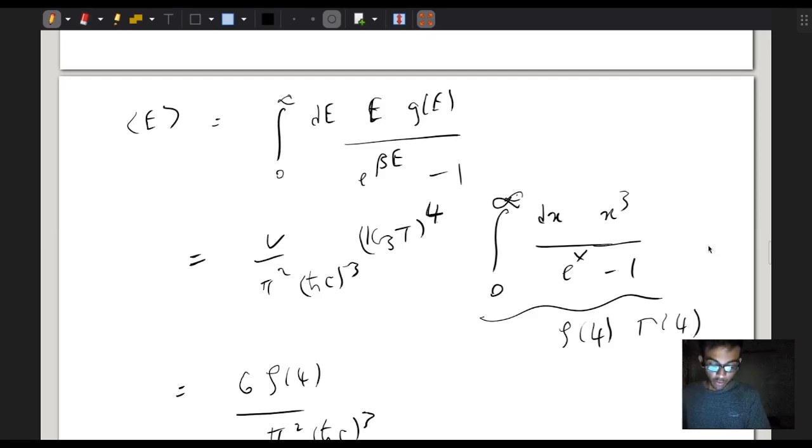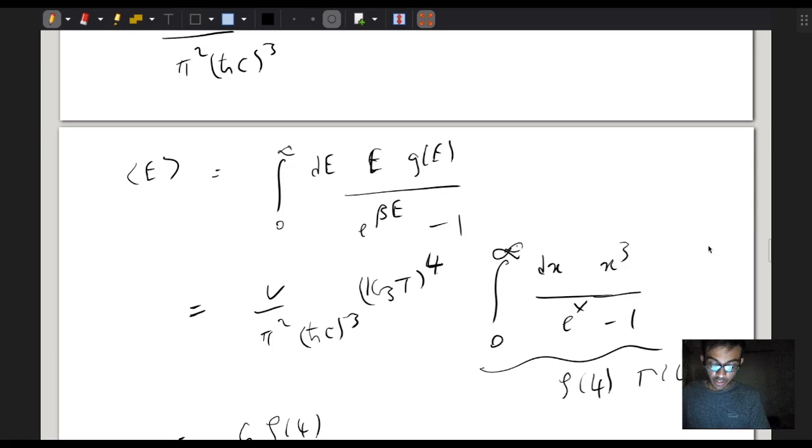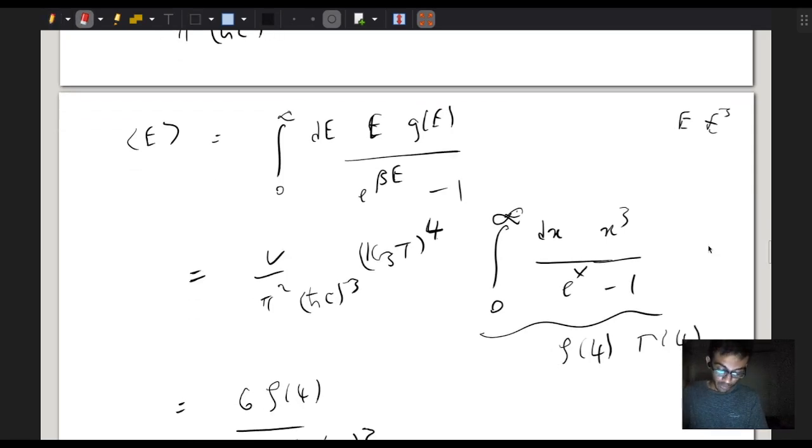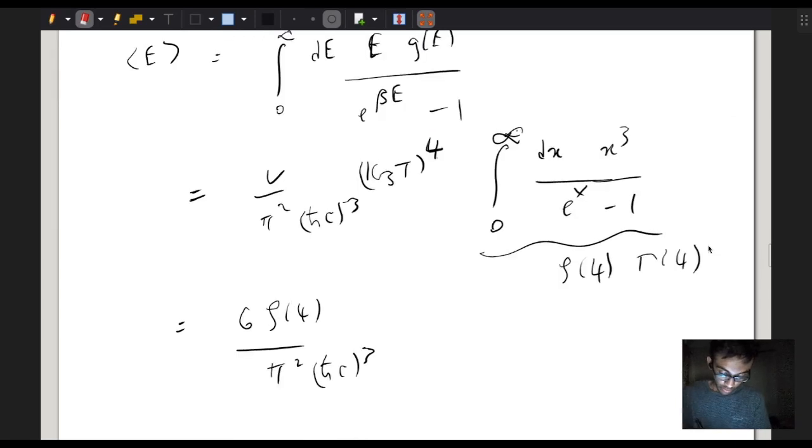When we make the change of variable, we have something like dE times E cubed. So we will get k_B T to the power 4. So that means the mean energy, and there is also the volume.